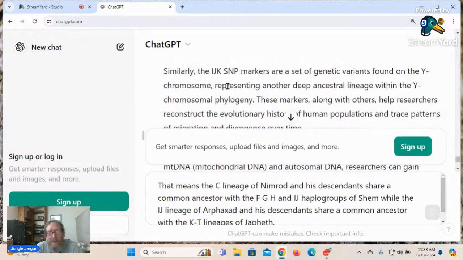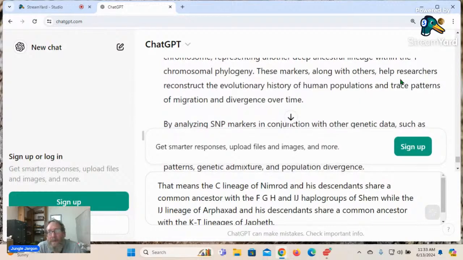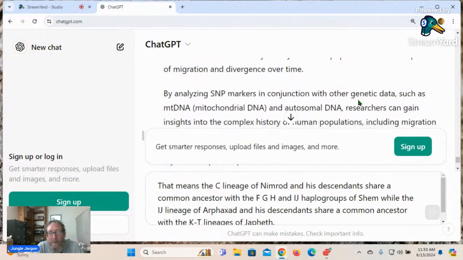Similarly, the IJK SNP markers are a set of genetic variants found on the Y chromosome representing another deep ancestral lineage within the Y chromosomal phylogeny. These markers, along with others, help researchers reconstruct the evolutionary history of human populations and trace patterns of migration and divergence over time. There's no such thing as evolution.